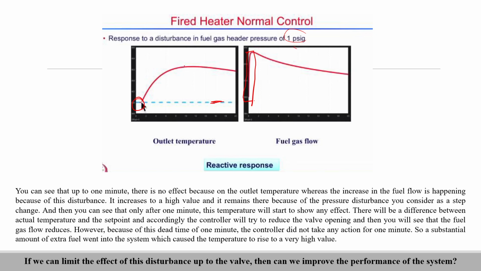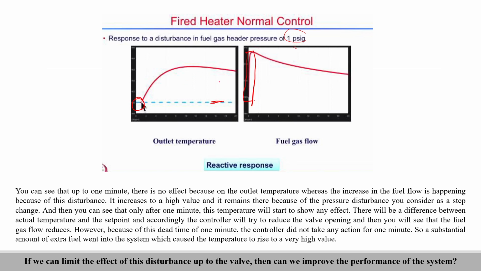So after the effect is felt on the temperature, only then will the flow rate start to regulate itself. That is, until 1 minute there is no effect on the outlet temperature, so no control action takes place. So by this 1 minute, the temperature of the system won't be affected and it will start to rise.